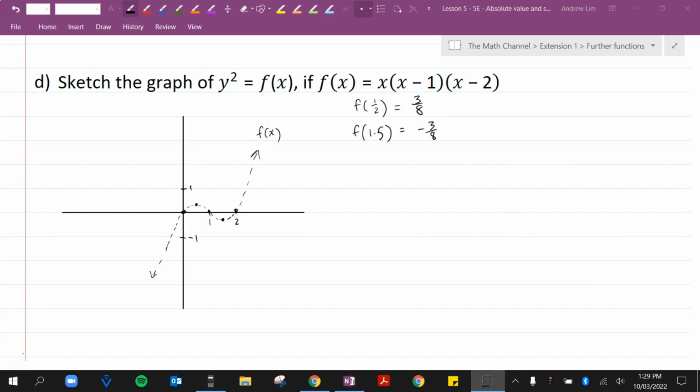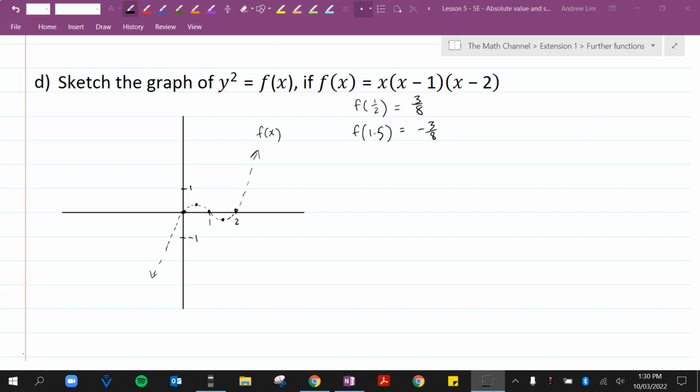Alright, so this is what it should look like approximately. It's not completely accurate because you haven't actually learned how to sketch these accurately yet. So what I've done is I just found about halfway between each of these x-intercepts. So when x is a half, what would f of a half equal, or what would the y value be of that?